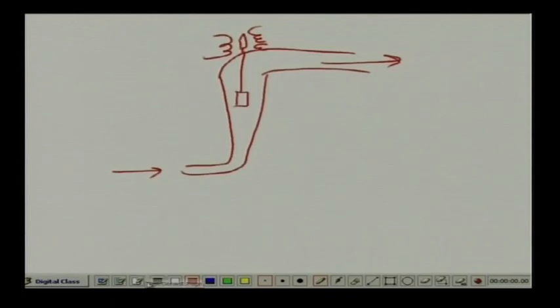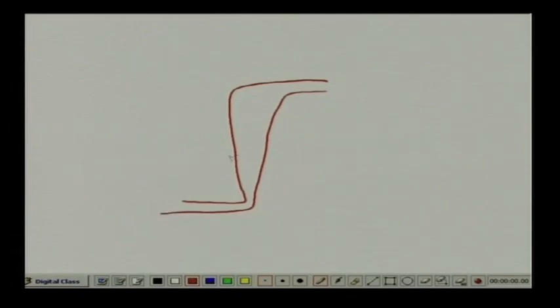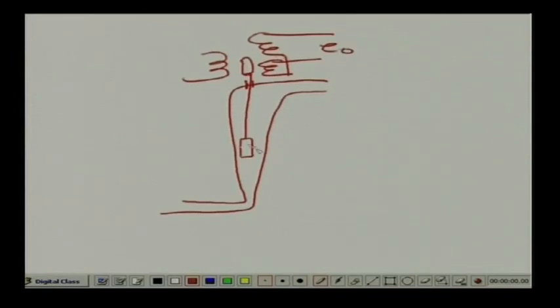If I draw it nicely, it looks like this, with the bob here and the sealing there. The excitation is E x.